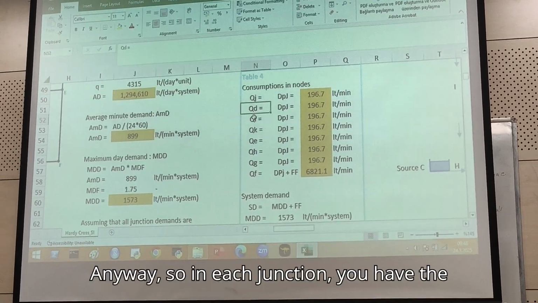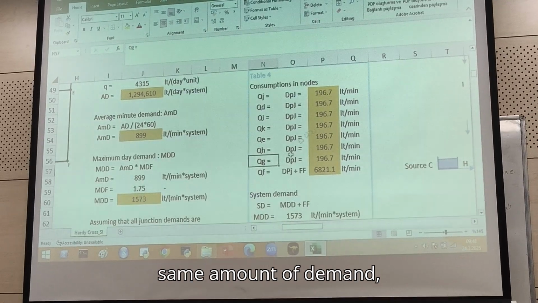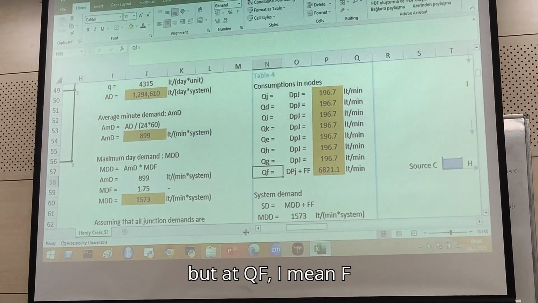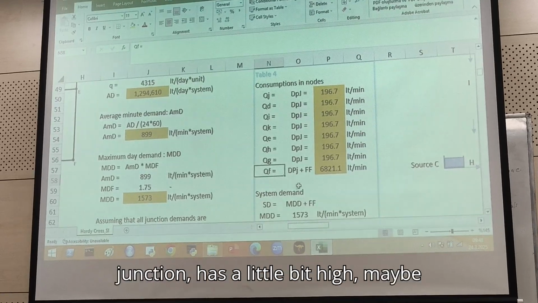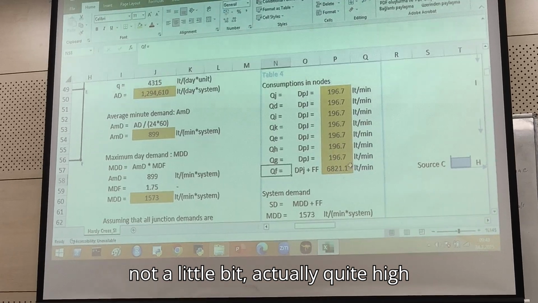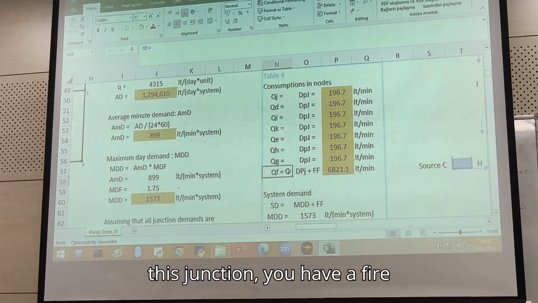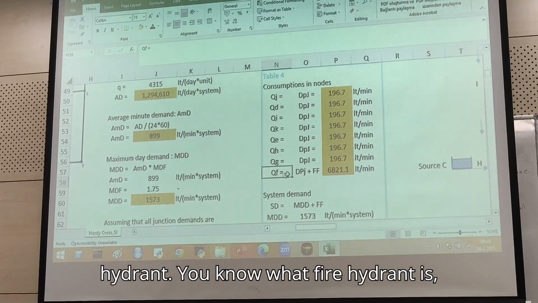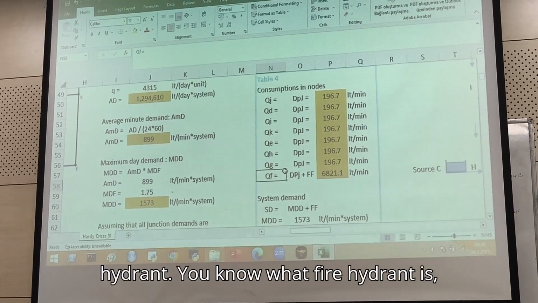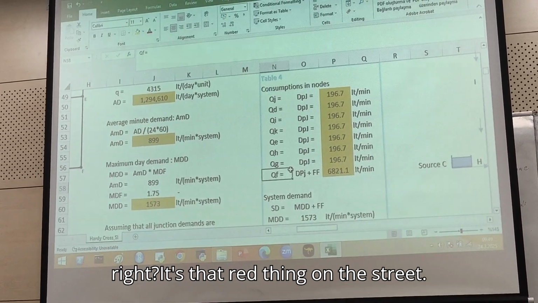Anyway, in each junction you have the same amount of demand, but at QF, I mean F junction, has a little bit higher, maybe not a little bit, actually quite higher demand. Why? Because in this junction, you have a fire hydrant. You know what a fire hydrant is, right? Yes. That red thing on the street.